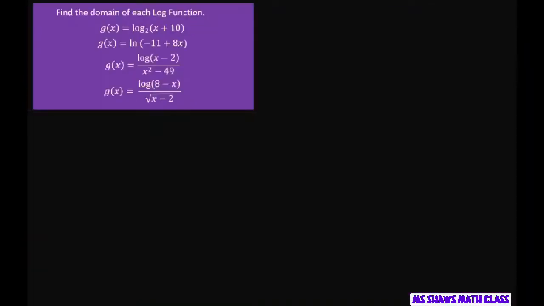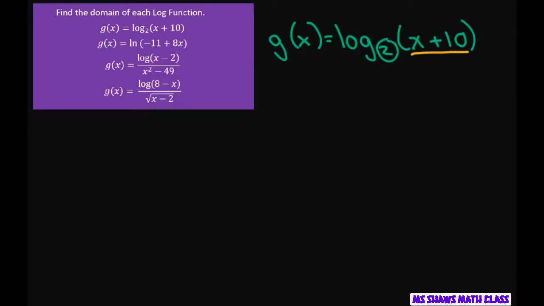So when you start with this first one here, g of x equals log base 2 of x plus 10, the base here doesn't really matter for this problem. All we need to know is this quantity here. We'll call this x sub 2, and it has to be positive.